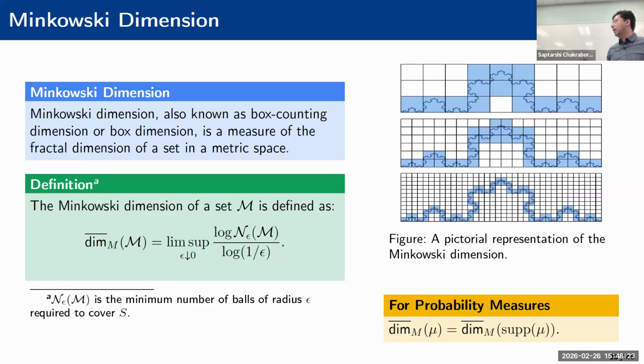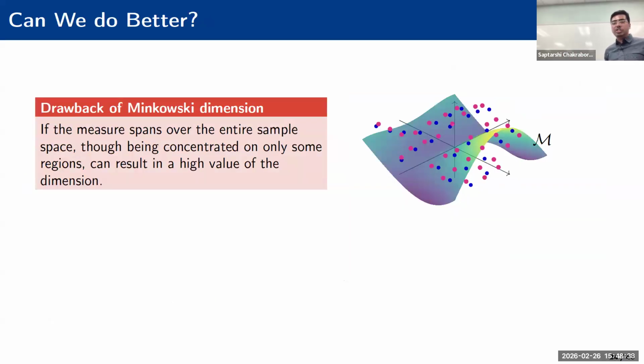For example, in GANs and even in simple additive regression settings, people have used this Minkowski dimension to characterize the intrinsic data dimension. But obviously, this Minkowski dimension has a very critical drawback.